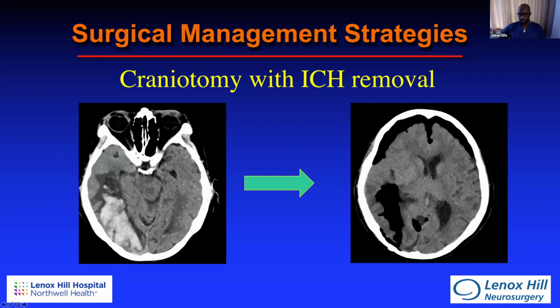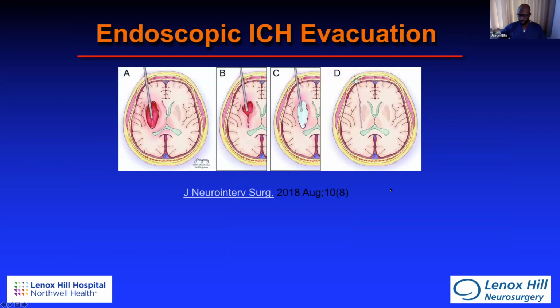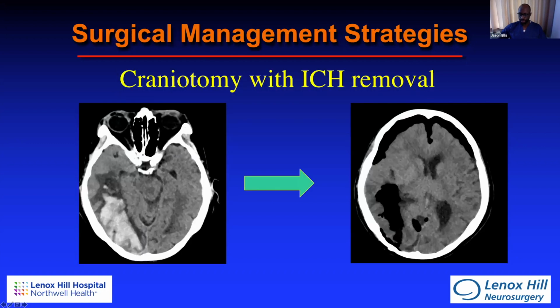Some air tends to collect in that compartment after you do a craniotomy. So this is called pneumocephalus, meaning air within the head. And we know that when we see some air in the head like this after a craniotomy, that things are pretty well decompressed and the intracranial pressures are low.